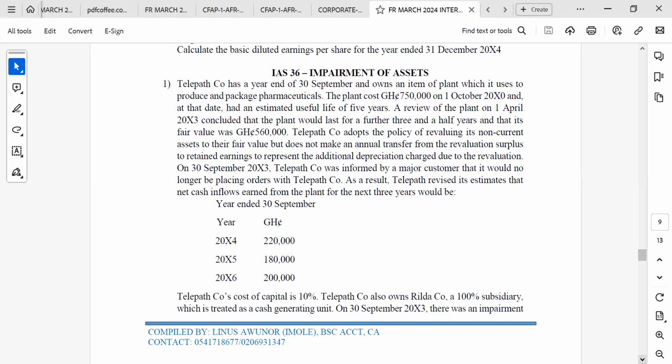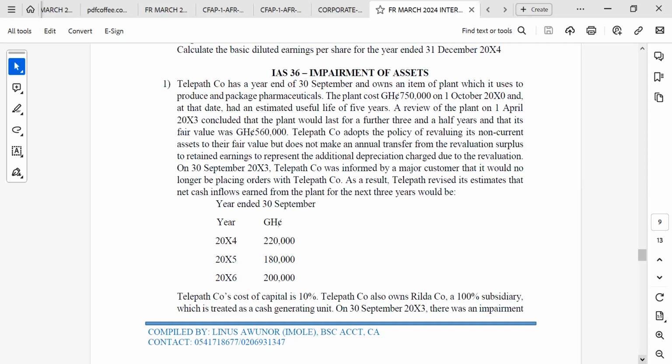560,000 Ghana cedis. Telepath company adopts the policy of revaluing its non-current assets to their fair value, but does not make an annual transfer from the revaluation surplus to retained earnings to represent the additional depreciation charge due to the revaluation. On 30th September 20X3, Telepath company was informed by a major customer that it will no longer be placing orders with Telepath company.